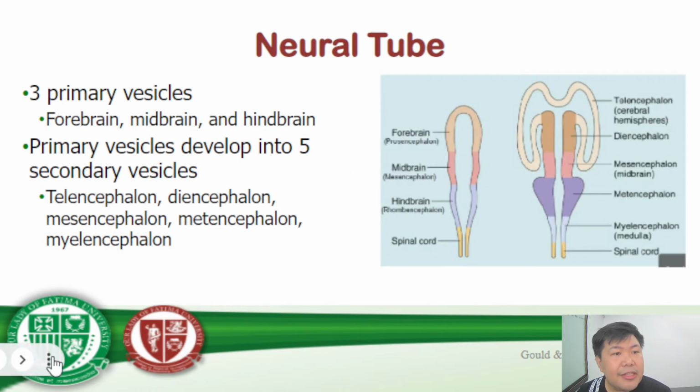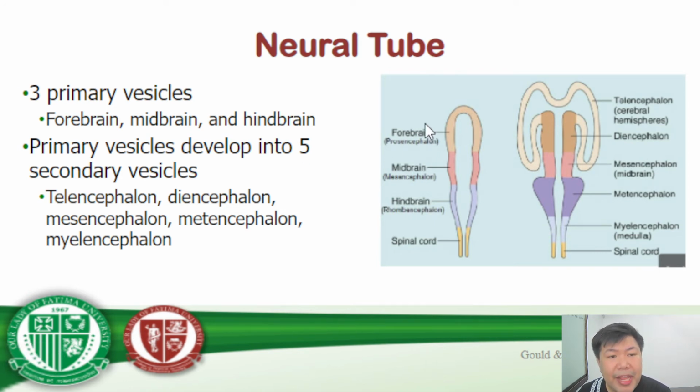So here is another image showing the neural tube, no? So now here we will see naman the development of the brain, the brainstem and spinal cord. So eventually the neural tube will form 3 primary vesicles which also correspond to the divisions of the brain. Kaya we started the discussion with that.